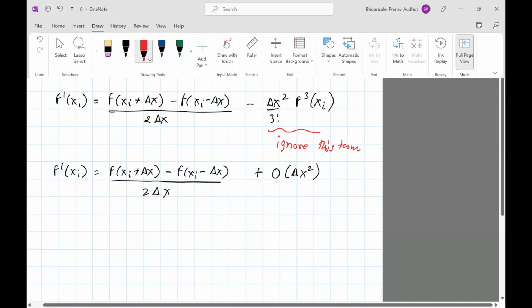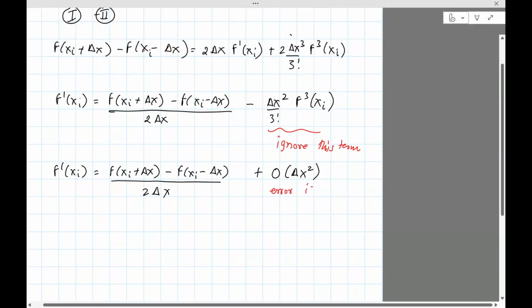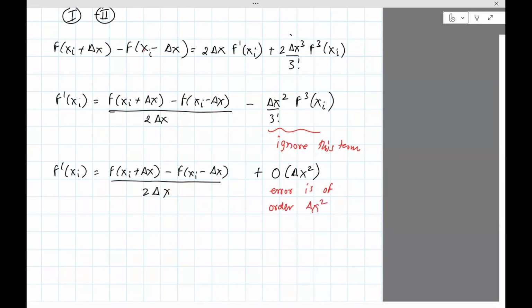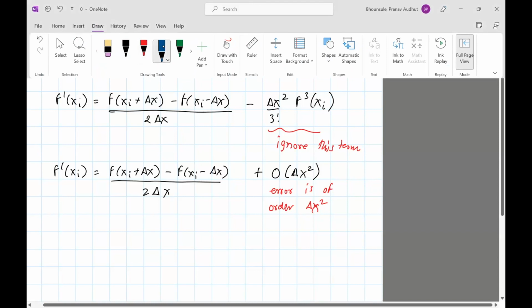So the error is of order delta x square, which is nice because if you start with delta x to be 0.1, your error is only going to be 0.001. So you get one more place of accuracy just because of the way you expand it out and use the Taylor series approximation. So this is what we were after.